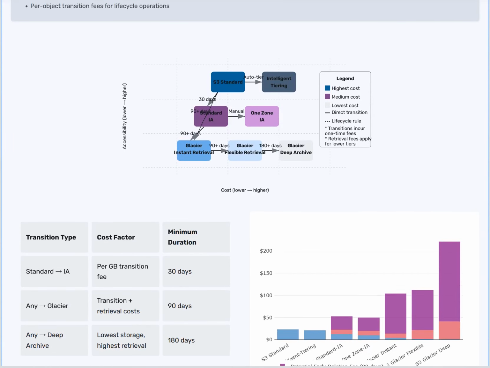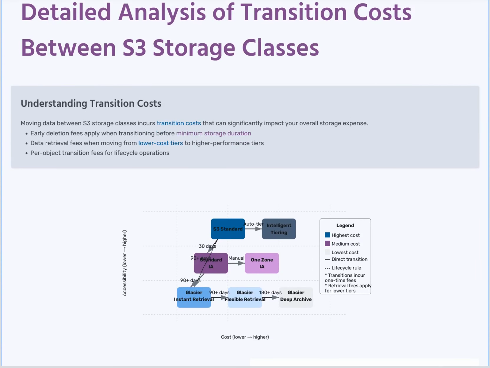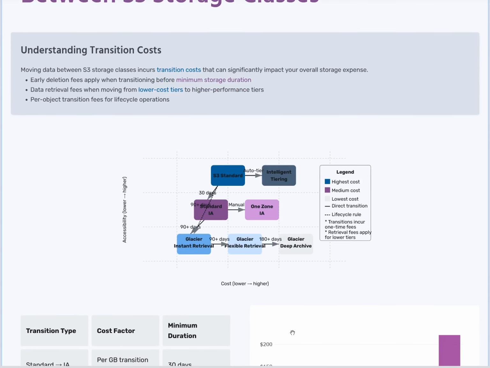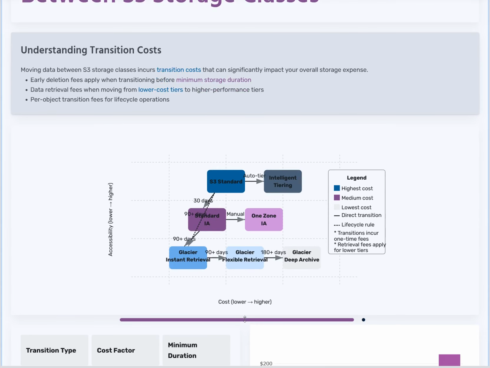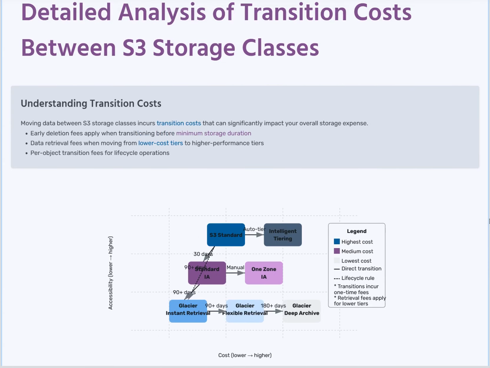So we're going to quickly discuss a detailed analysis of transition cost between S3 storage classes, right? We'll be looking into how these transition costs affect you when moving S3 objects among different storage classes.